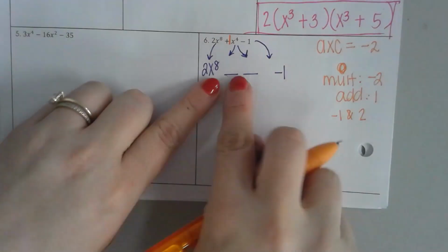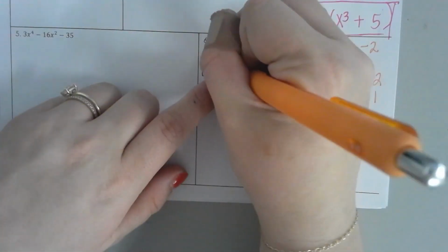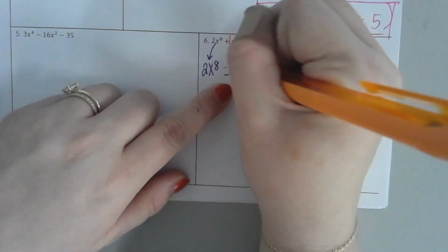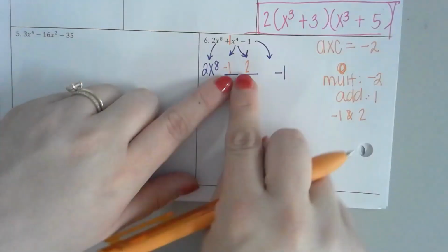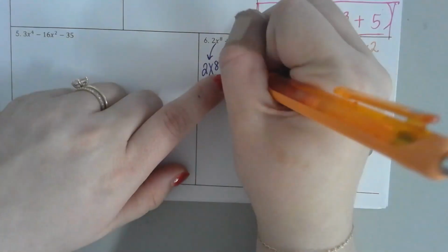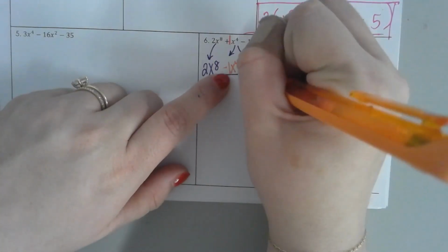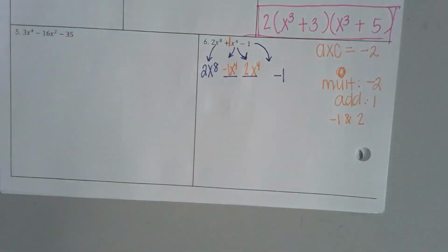So I'm going to put negative 1 and the 2 in these blanks along with an x to the 4th, because the term I split up was an x to the 4th. So I basically just separated that into negative 1x to the 4th and 2x to the 4th. And then you can do grouping.